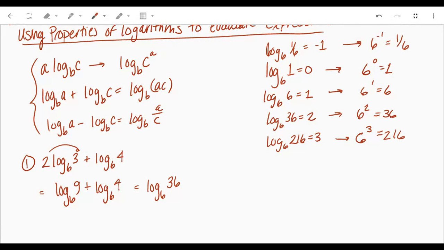So we multiplied, here this is log base 6 of 3 squared, and then we get this by doing the 9 times 4. And that we can do, since 6 squared is 36, log base 6 of 36 is 2 for your final answer.